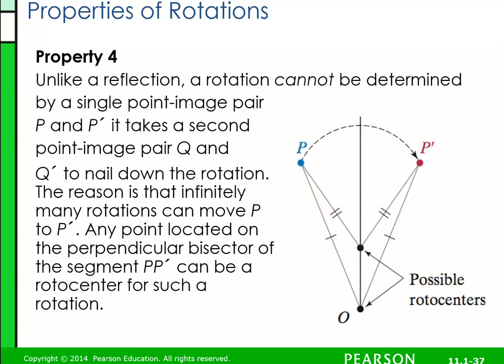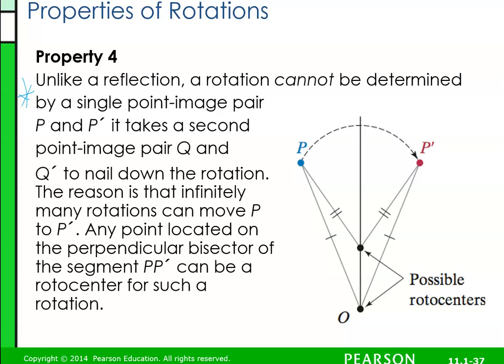And the last property here: unlike a reflection, a rotation cannot be determined by a single point-image pair. That's a good point to highlight. You cannot do that by just looking at a single point-image pair, P and P prime. It takes a second point-image pair, Q and Q prime, to nail down the rotation.